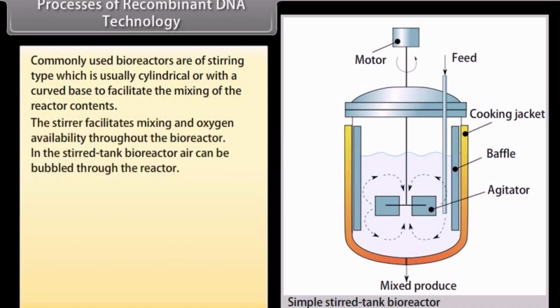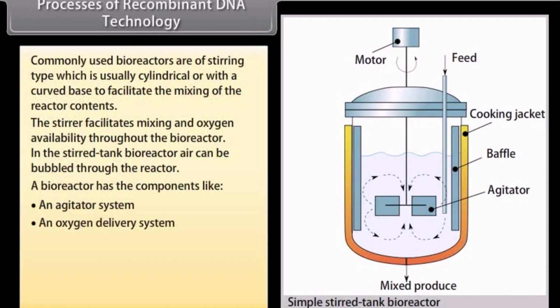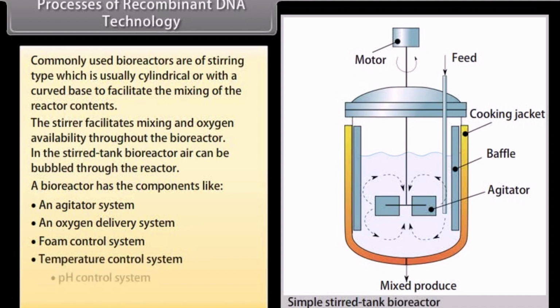The stirrer facilitates mixing and oxygen availability throughout the bioreactor. In the stirred tank bioreactor, air can be bubbled through the reactor. A bioreactor has the components like an agitator system, an oxygen delivery system, foam control system, temperature control system, pH control system, sampling ports.